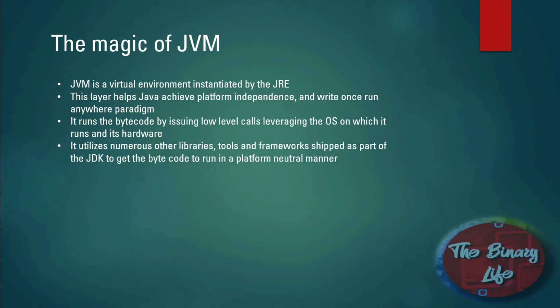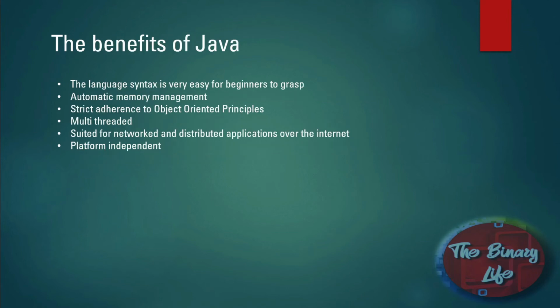We might have experience in other compilers for other languages which directly produce machine code for a system, but a Java compiler produces code for the Java virtual machine. It is a virtual environment which utilizes numerous other libraries, tools, and frameworks shipped as a part of the JDK itself to get the code to run.